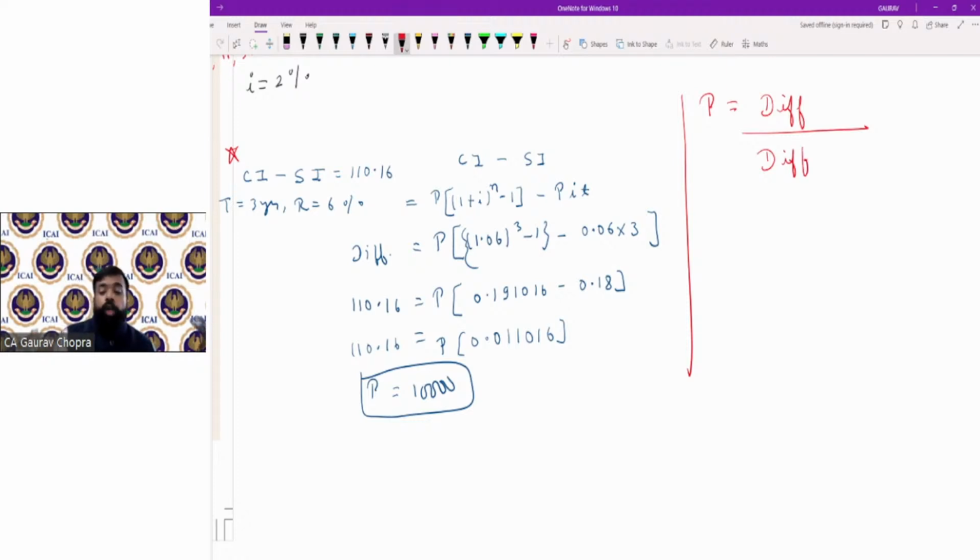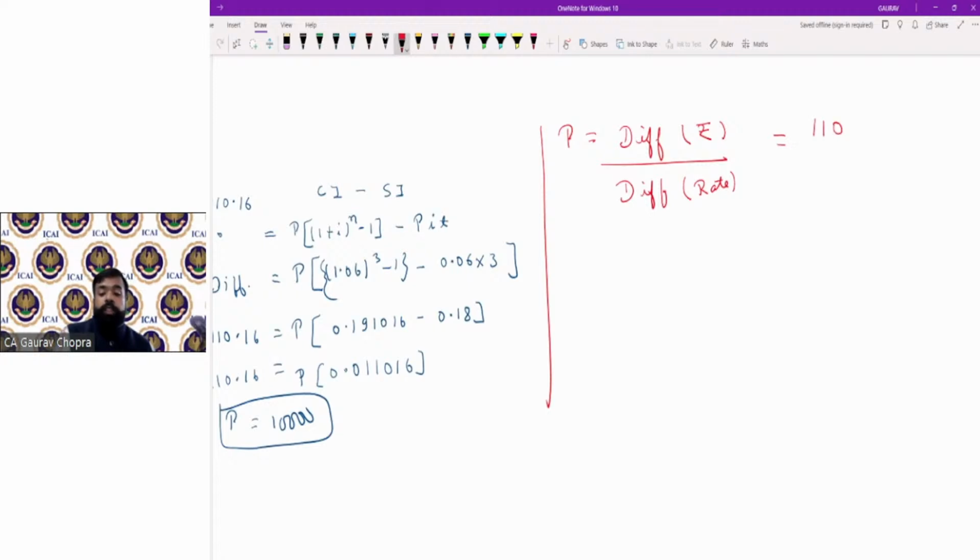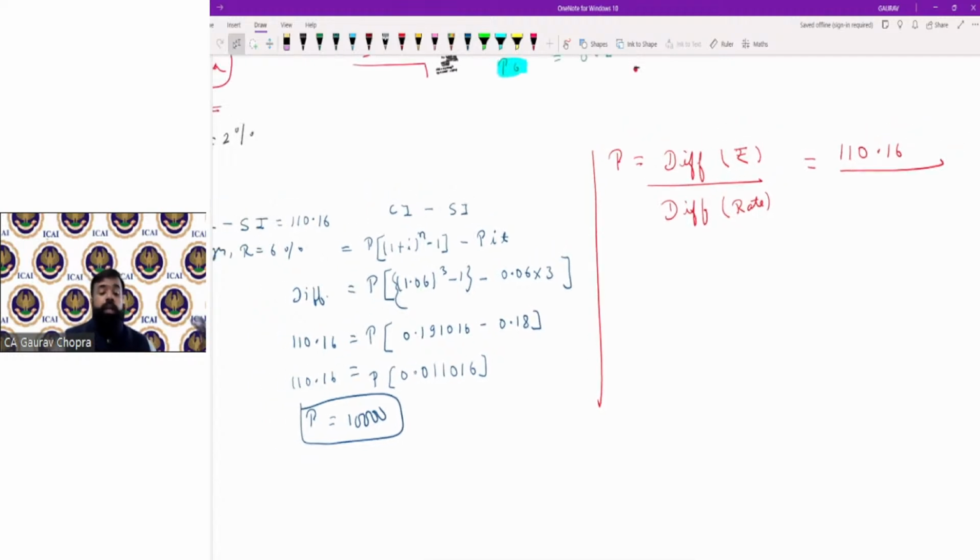डिफरेंस अपॉन डिफरेंस. न्यूमरेटर में जो आपको डिफरेंस लिखना है दैट इज इन टर्म्स ऑफ रुपीस, लेकिन डिनोमिनेटर में जो डिफरेंस लिखना है दैट इज डिफरेंस ऑफ रेट. रुपीस का डिफरेंस ऑलरेडी गिवन इन द क्वेश्चन 110.16. नाउ रेट का डिफरेंस कैसे कैलकुलेट करना है. सिंस द रेट इज 6%, एक साल का रेट कितना है 6%. तो अगर सिंपल इंटरेस्ट होता तो 3 इयर्स में कितना इंटरेस्ट मिलेगा. 1 ईयर में 6% मिलता है, then in 3 years you will receive 18%.